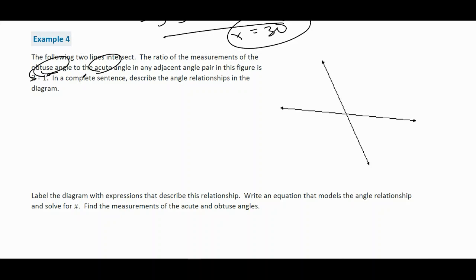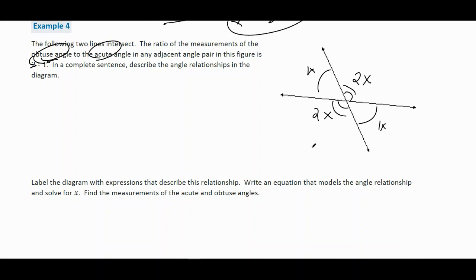So, as you can see, this one here is the acute angle, so we're going to have it as 1x or just x, and then 2x. Label the diagram with the expressions that describe the relationship, write an equation that models the angle relationship, and solve for x. Find the measurements of the acute and the obtuse angles.